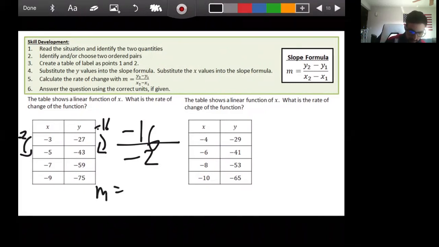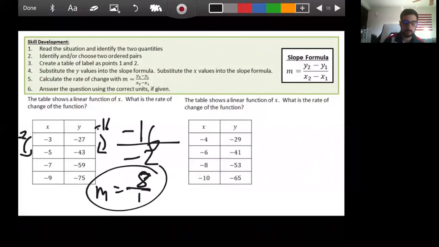So m is equal to positive 16 over 2, which ends up becoming 8 over 1. Oops, that should not be a decimal. That was just my finger hitting it, sorry. So we had that negative 2 on the x, and then a change of negative 16 on our y. Y goes on top, x goes on the bottom. Once we simplify that, we get positive 8 over 1 for our slope.